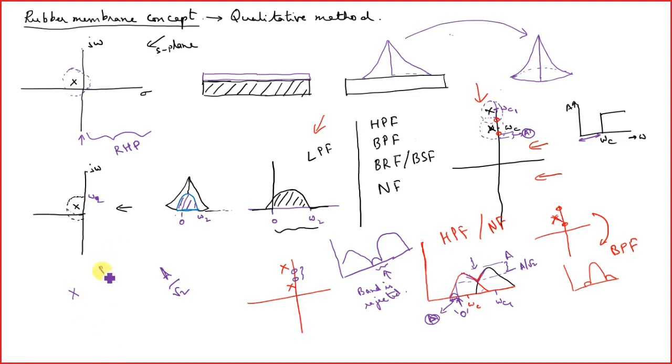If you look into this, H(s) is 1 by D into 1 by D. If I place another pole, it will become multiplied by another 1 by D. So placing a pole on the other pole, it magnifies the effect of the pole. Similarly, when we are having a 0, and onto that we place another 0, it will magnify the effect of the 0.